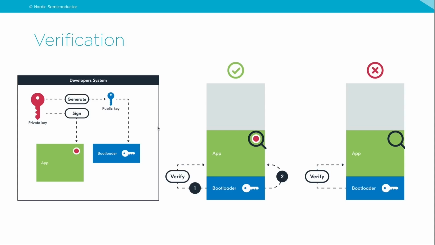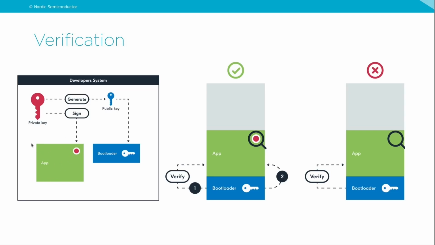And then I take the private key and I sign the application image. The signature is cryptographic, and I'll not explain exactly how it works, but part of it, which is important to know, is that it will calculate a hash of the application and then sign that.